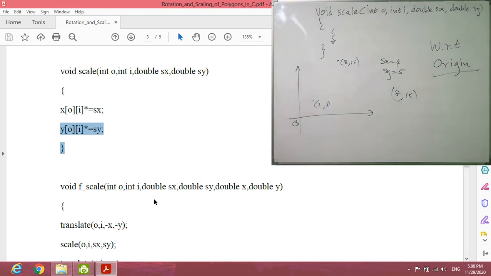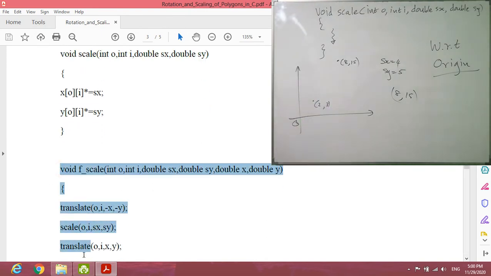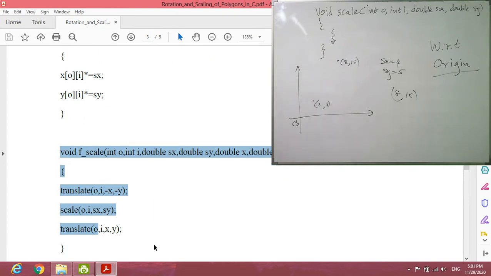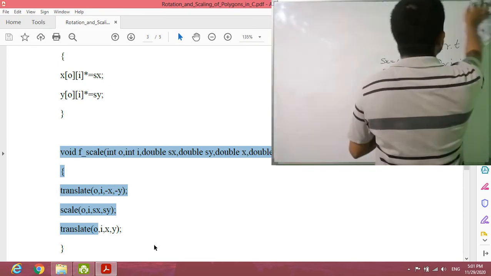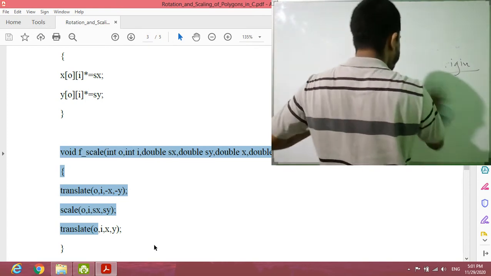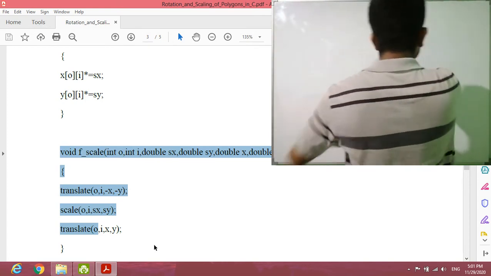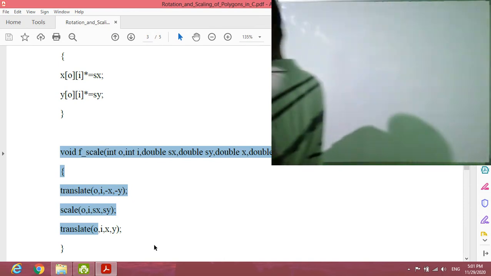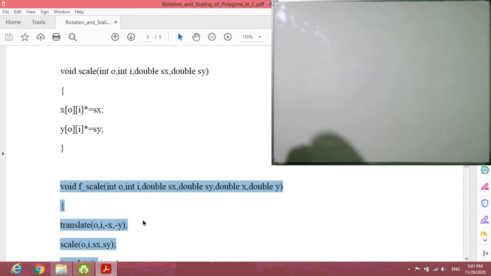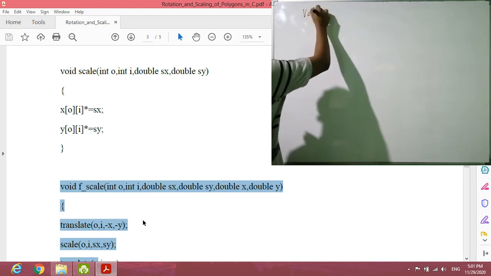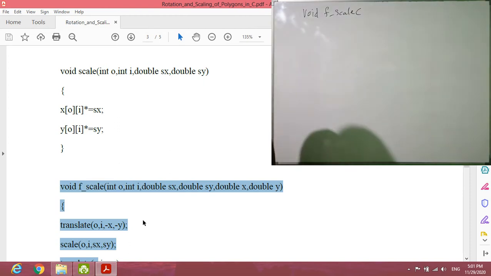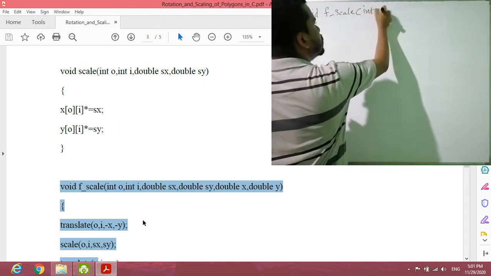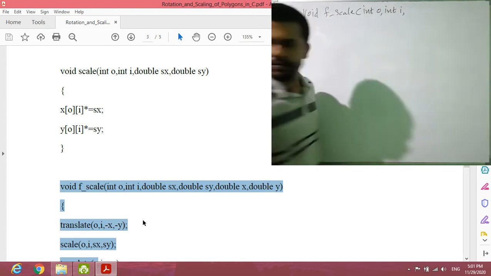So then let's move to the next function. Void f scale, int o, int i.